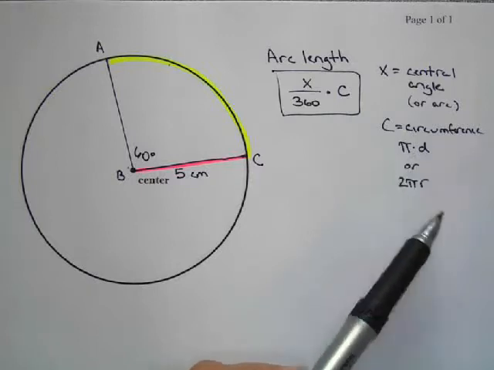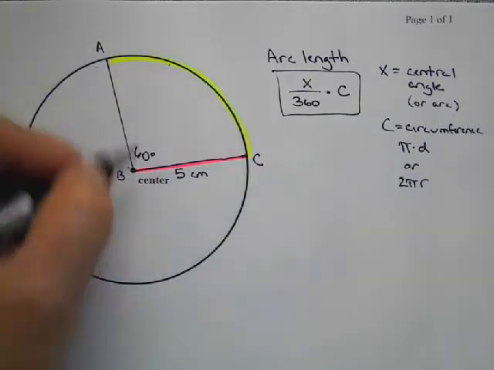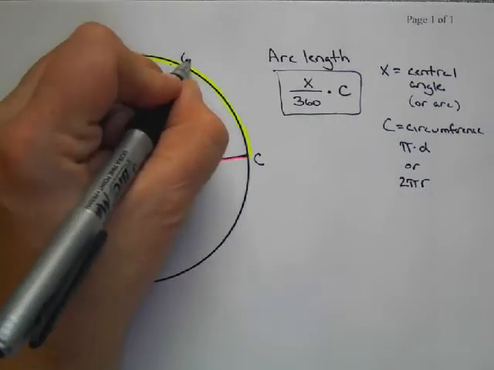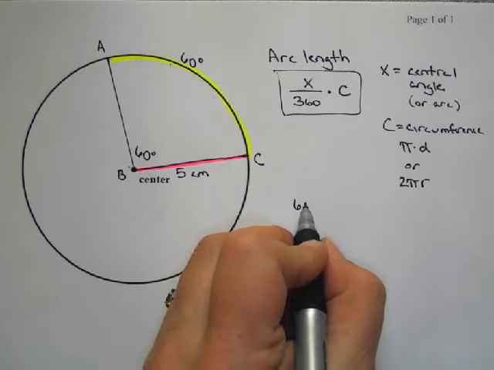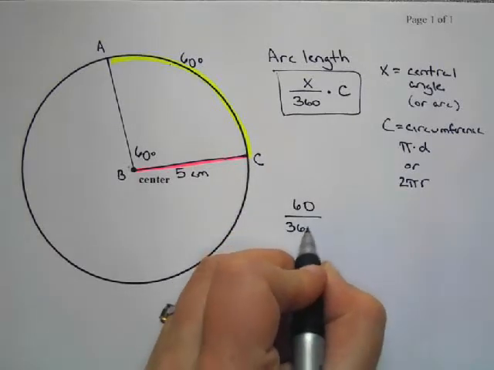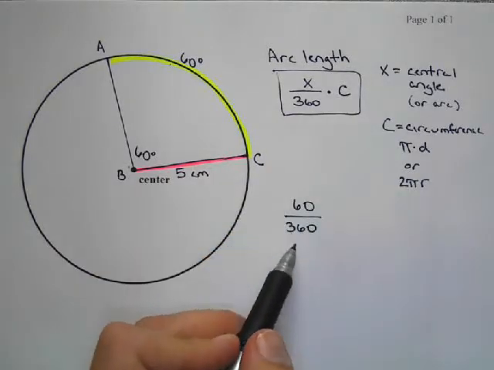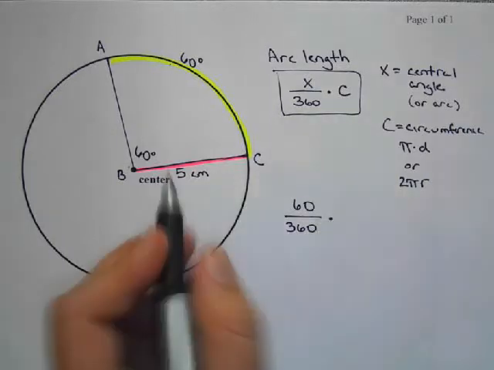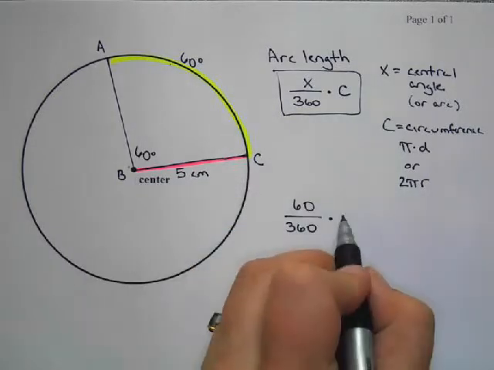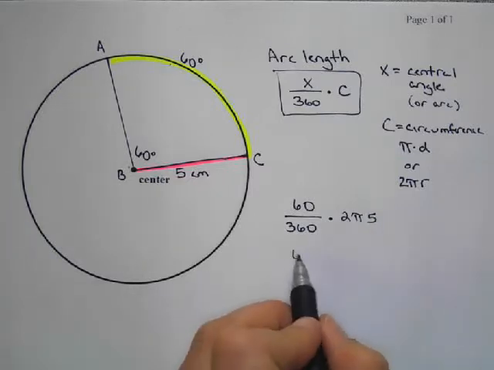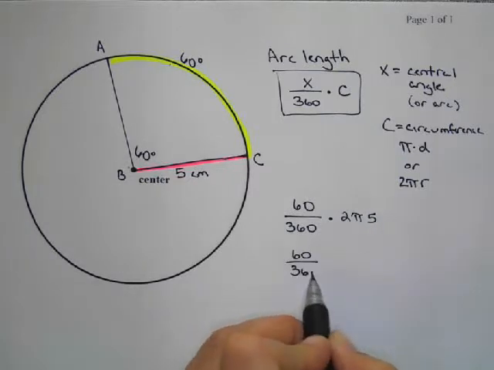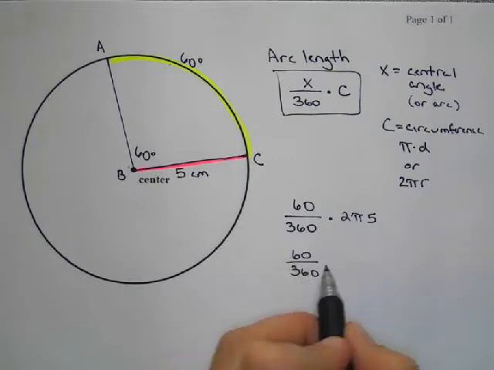So in this case, the central angle is 60 degrees, so I know that the arc measure is 60. That tells me what fraction of the circle this is. It's 60 degrees out of 360. And then we're given the radius, so 2 times pi times 5. So 60 divided by 360 times 10 pi.